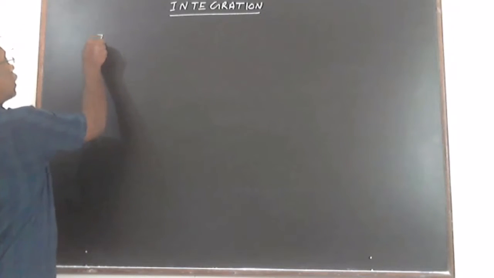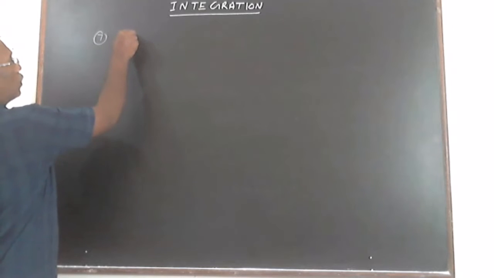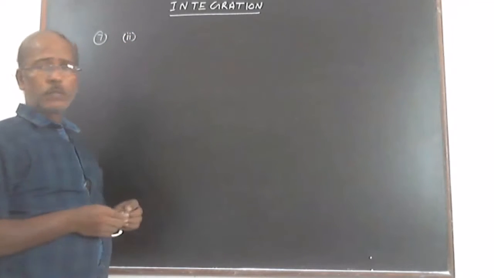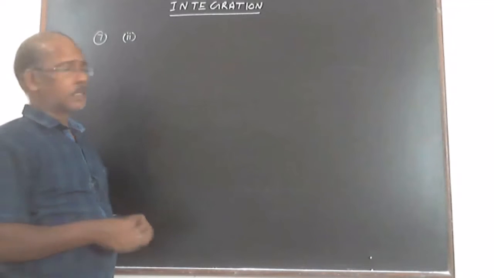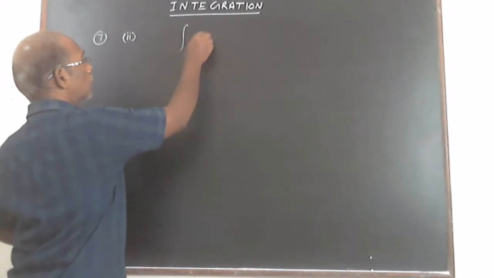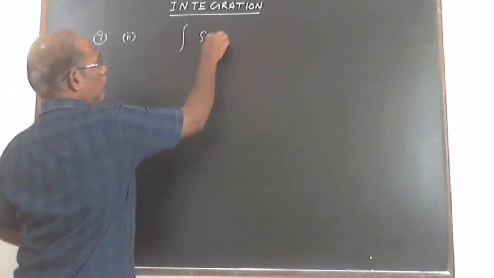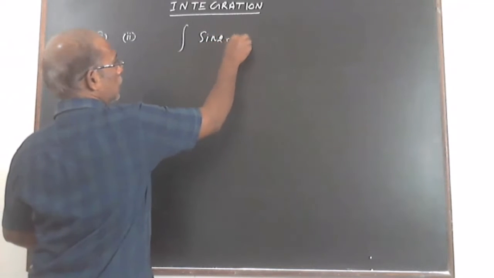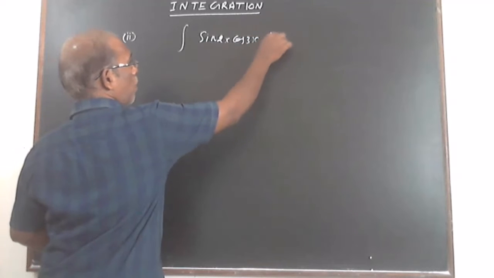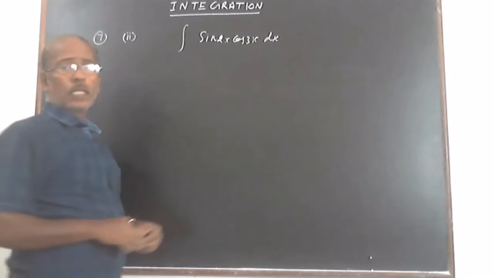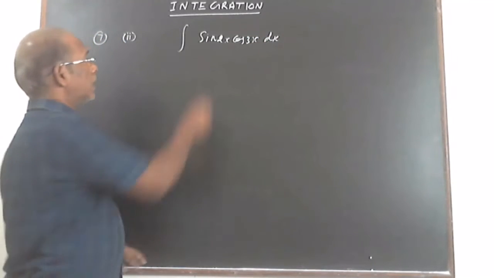Seventh question, example 7, subdivision 2: integral of sin 2x and cos 3x dx. Using the product rule, we can get it.